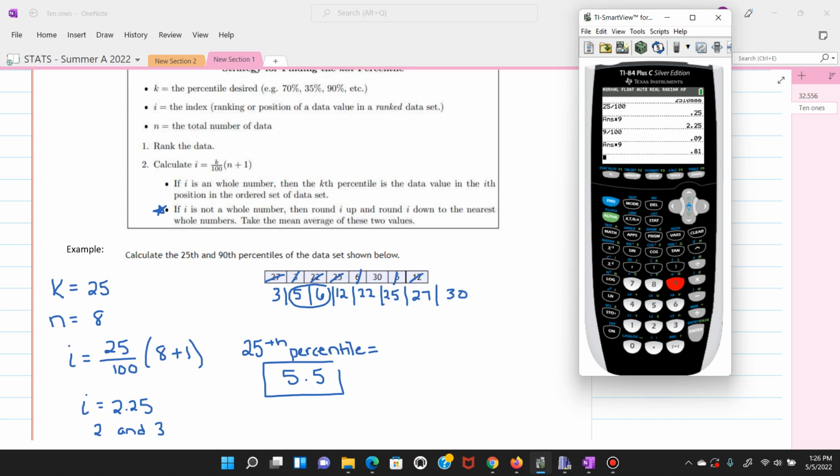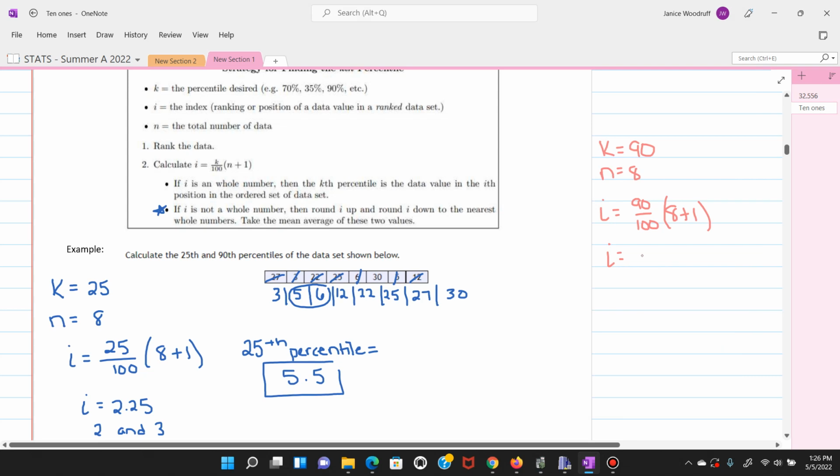I put 9 over 100, sorry, 90 over 100. There we go. Times 9. That's going to be 8.1. Okay, so you want the 8th and 9th value in the data set. There's only 8 values in the data set. So in this case, you would just take the 30.